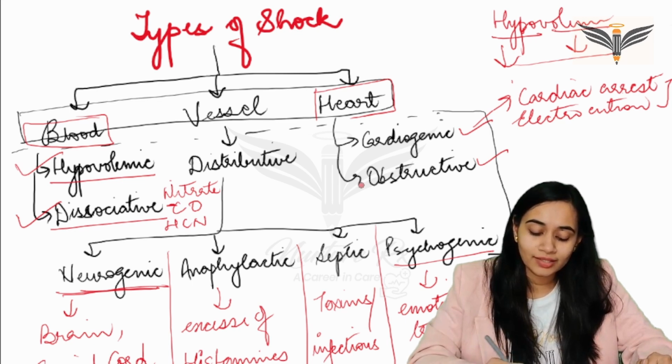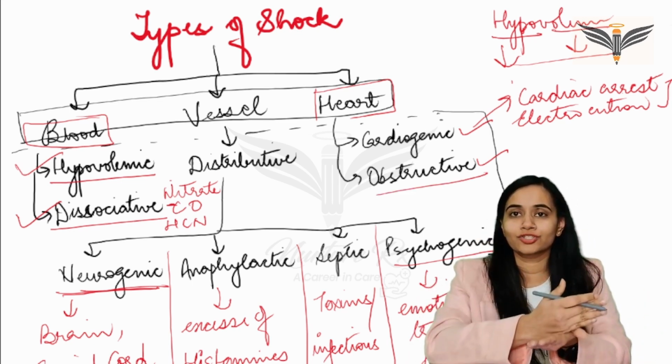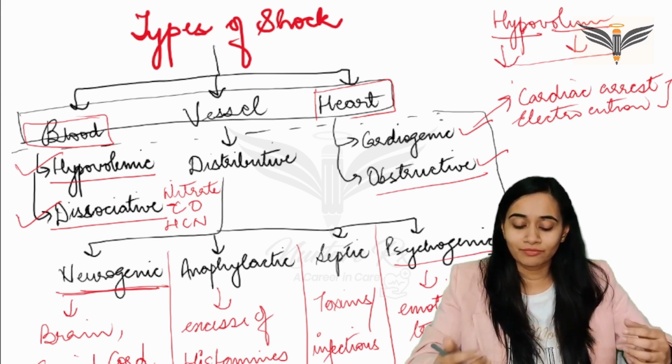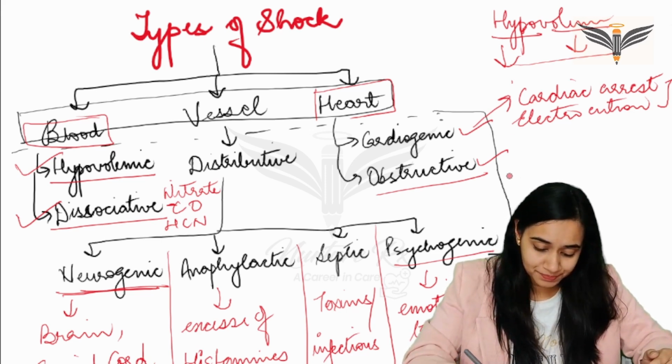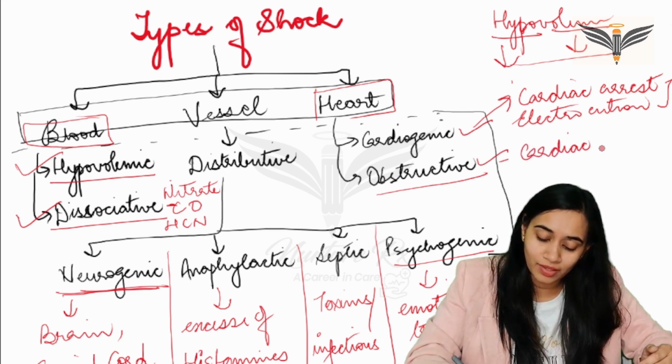So what is obstructive? Obstructive, as the name suggests, is causing obstruction. This is physical obstruction. There could be a problem in some valves, or there can be cardiac tamponade, which is not allowing your heart to pump properly.